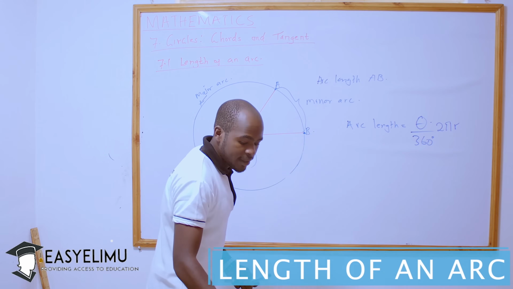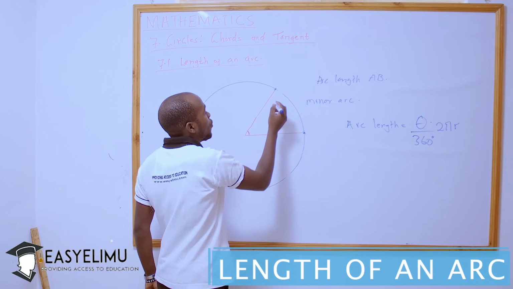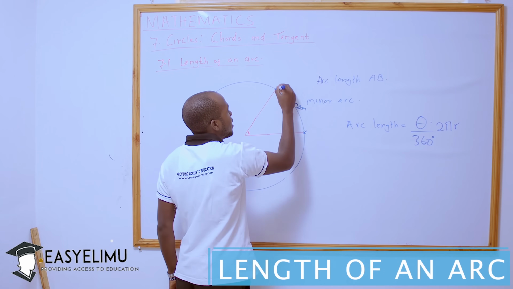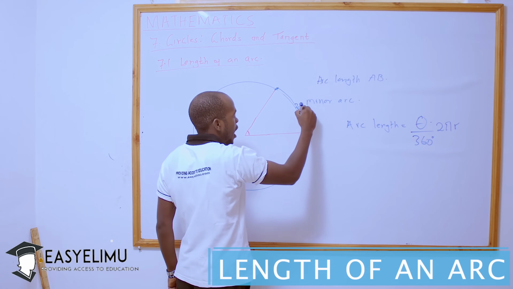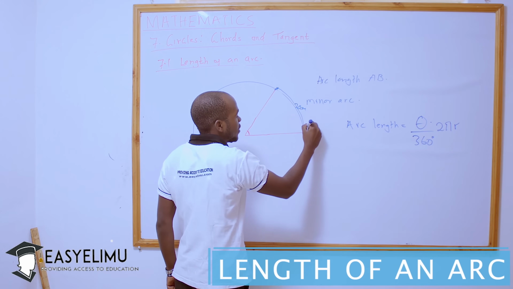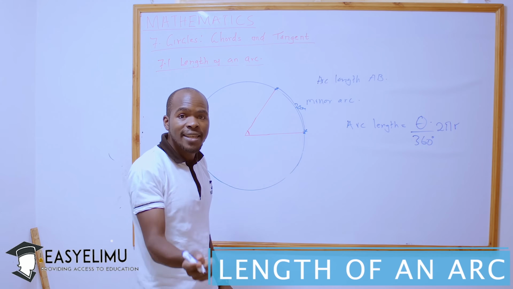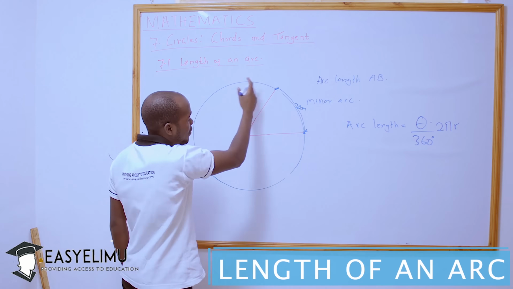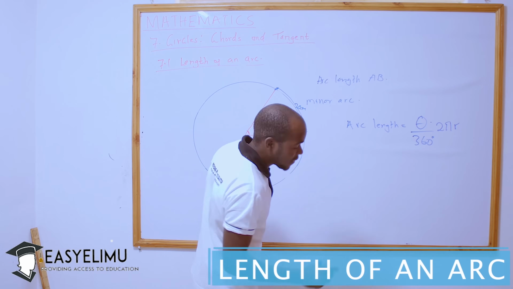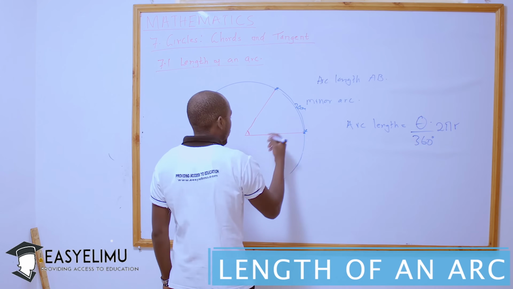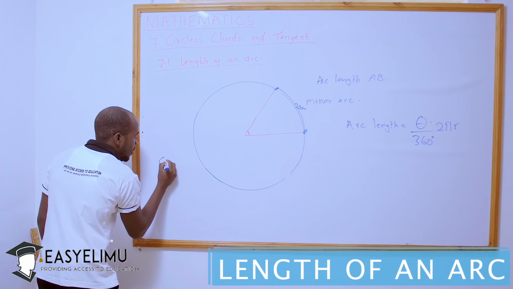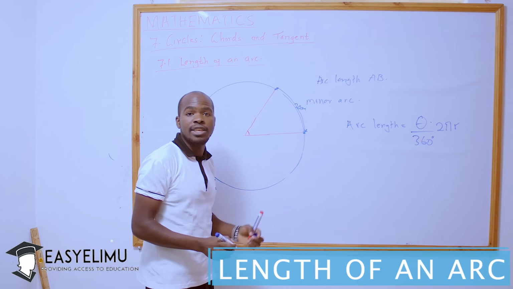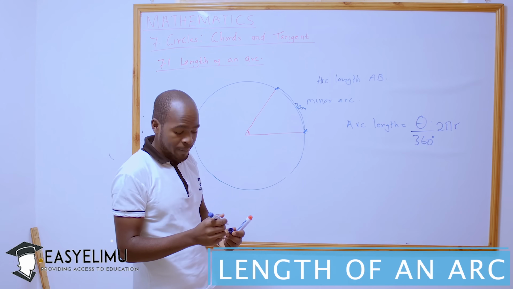For this case, we have this one as 20 centimeter, meaning that the distance from here up to here is 20 centimeter. But the circumference of the whole circle, this 20 included, is 60 centimeter. So the circumference is 60 centimeter, but the arc length is 20 centimeter.